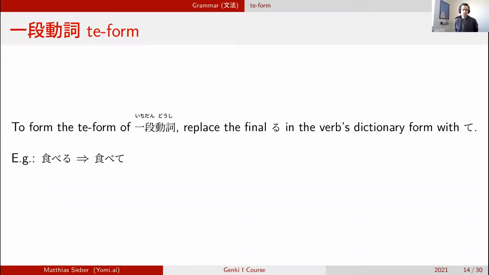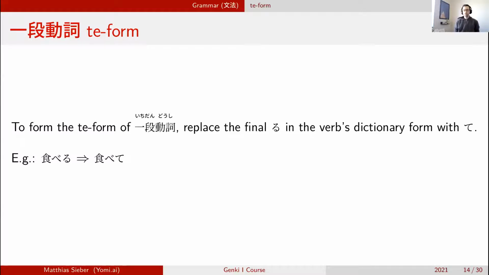Let's start with our ichidan doshi, what Genki calls ru verbs, right? And it is very easy. To form the T form of ichidan doshi, we just replace the final ru in the verb's dictionary form with te, and you have the T form. So you have taberu, it becomes tabete, for example. Just drop the ru at the end, replace it with te, and you have the te form of ichidan doshi.